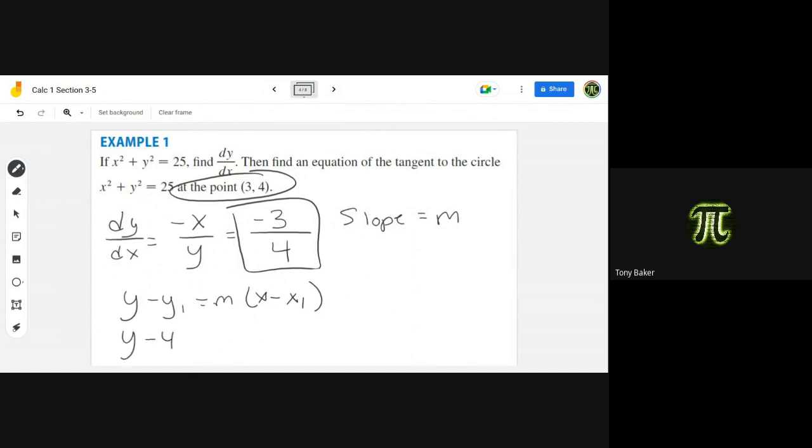So y minus 4 equals negative 3/4 times x minus 3. So we can distribute: negative 3/4 times negative 3 is positive 9/4. So y minus 4 equals negative 3/4 x plus 9/4. So y equals negative 3/4 x plus 25/4.